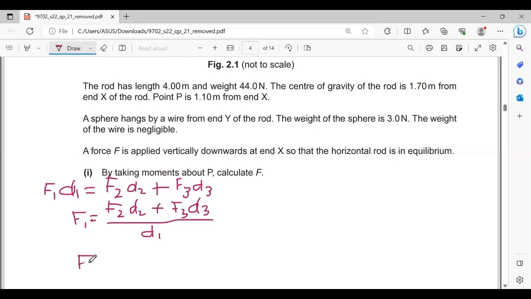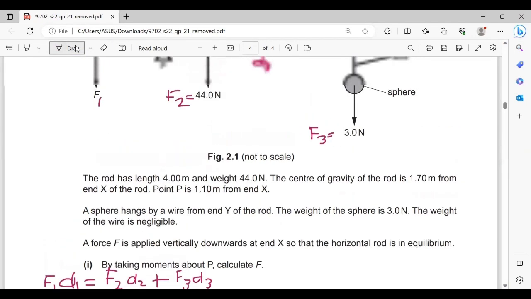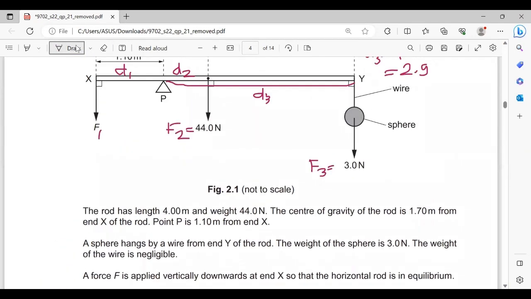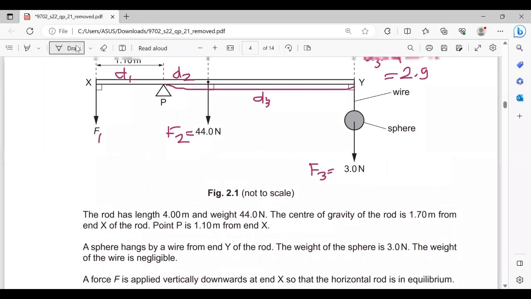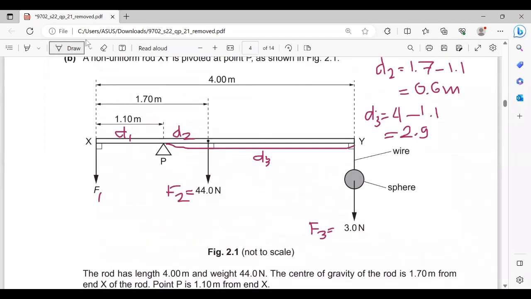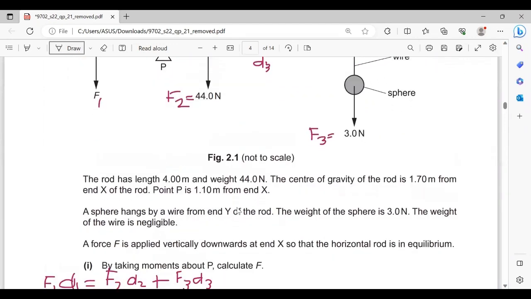So F1 equals F2 D2, where D2 is 0.6 and F2 is 44.